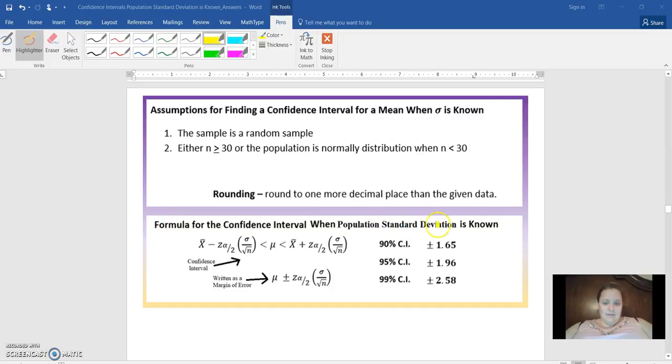This is when we know the population standard deviation. The population standard deviation is sigma, right here, and we know how many are in the sample. That's n. Then 1.65, 1.96, 2.58.